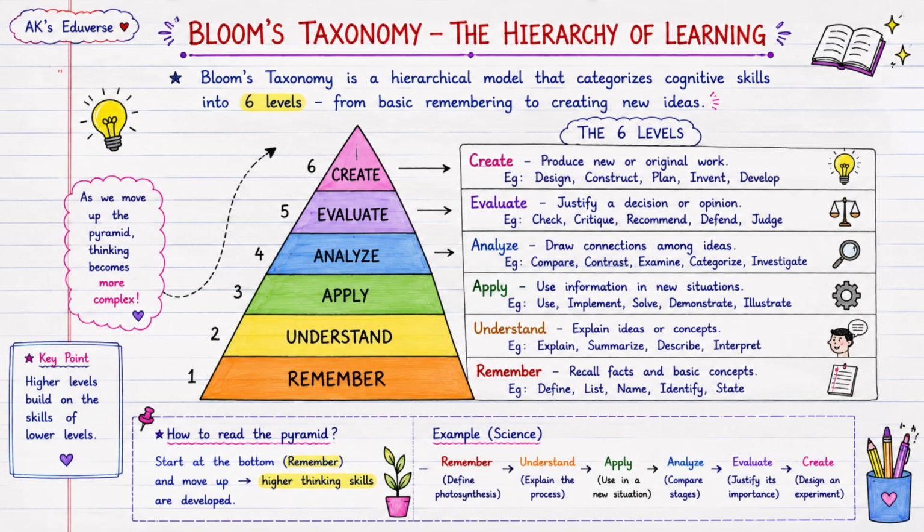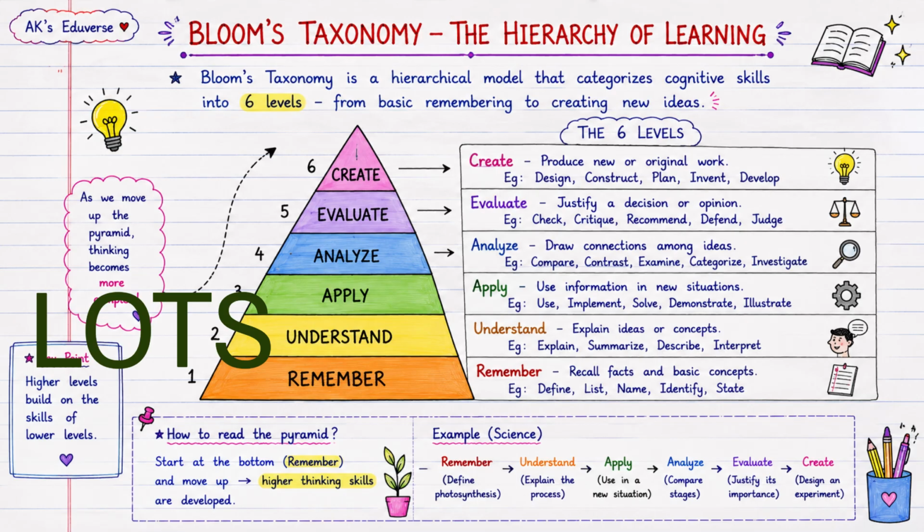Now let's look at the famous Bloom's taxonomy pyramid. The pyramid, the triangle shaped structure, consists of 6 cognitive levels, starting from the bottom: remember, understand, apply, analyze, evaluate, and finally create, which is at the highest level. So in the pyramid la important concept irukku.